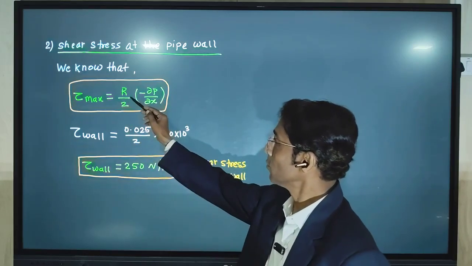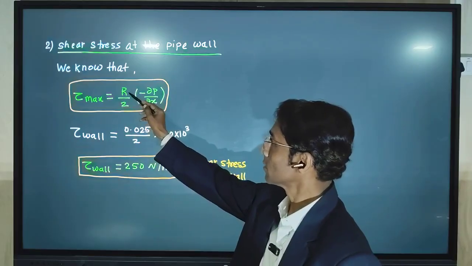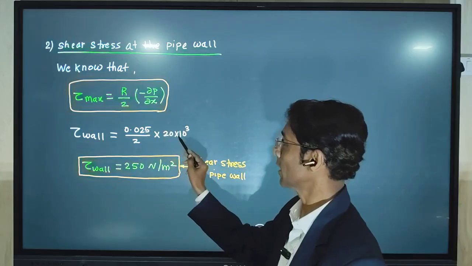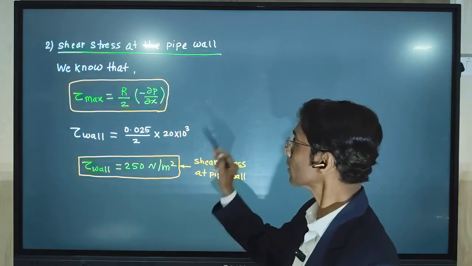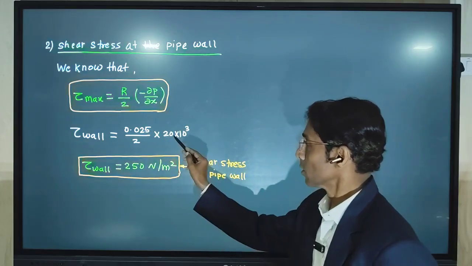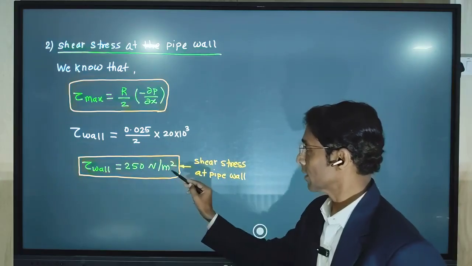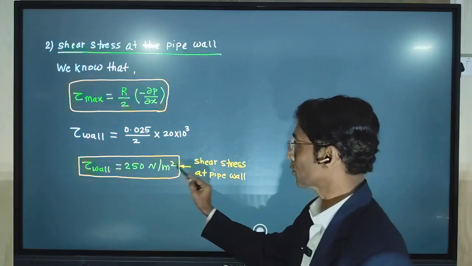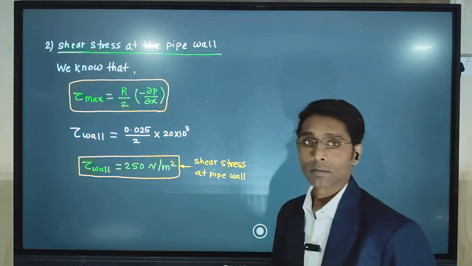So we put the value which are given, that is radius in a meter and the value of pressure gradient in Newton per meter square. Doing the calculation, we get the shear stress at pipe wall in Newton per meter square.